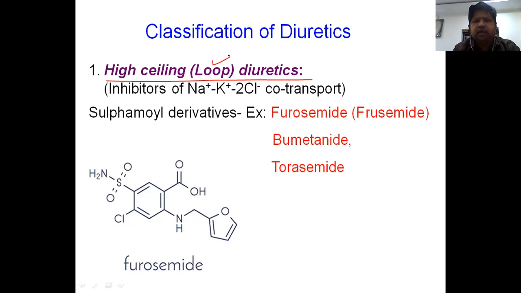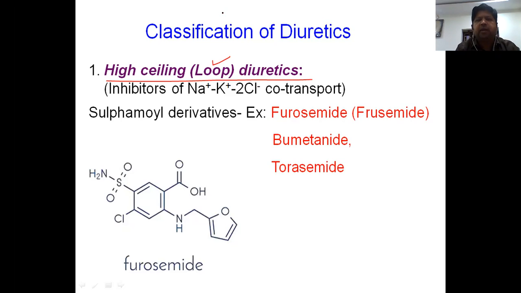These diuretics act on the ascending limb of the loop of Henle. They block a certain transport system involved in the absorption of sodium and water, and thereby prevent reabsorption of sodium chloride as well as water, and so increase the excretion of sodium and water.